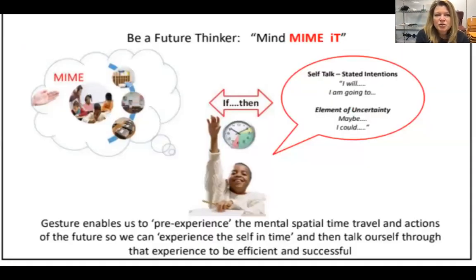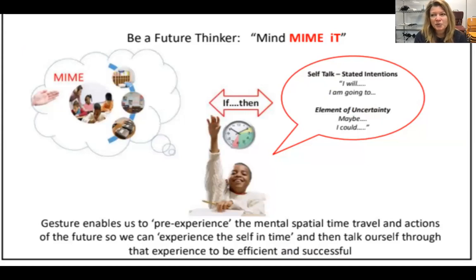So she talked about being a future thinker. We've kind of talked about that already, of just being able to visualize, but helping these kids internalize that to the next step of beginning to self-talk. When we gesture, I'm gesturing a little bit this morning, just naturally. But when you gesture, you're making those connections in your brain and you're talking yourself through things. But they don't really talk themselves through.